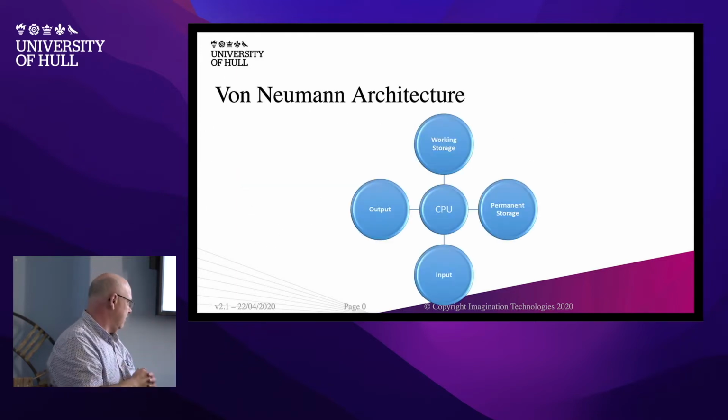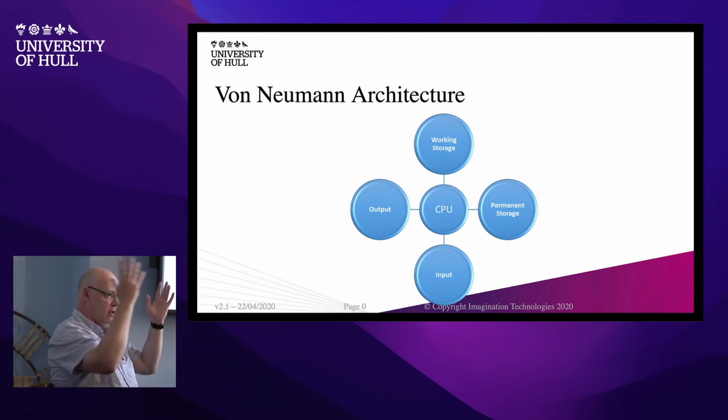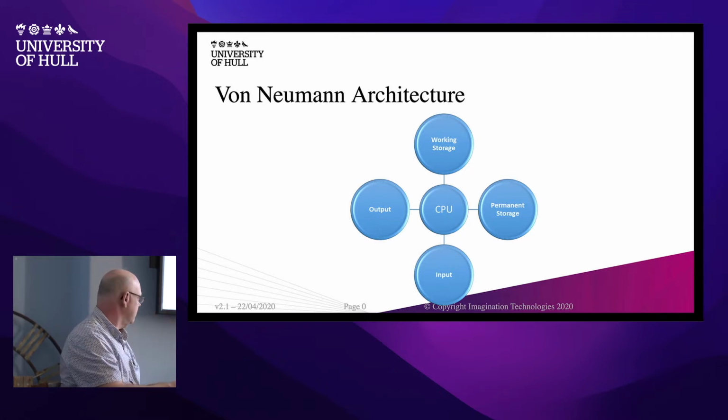So I've drawn this as a diagram. You've got a CPU, some working storage like system memory, some permanent storage, probably a tape at the time, some sort of input, a keyboard, and an output, maybe a printer or something like that.